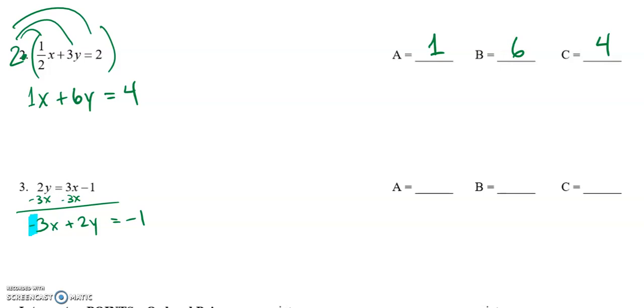The x cannot be negative, so we're going to fix that by multiplying everything, both sides, everything by negative 1. So when we distribute, we'll get a 3x minus a 2y equals a positive 1. Now it's in standard form, no fractions. The x is positive, the GCF is 1, so a is 3, b is negative 2, and c is 1.